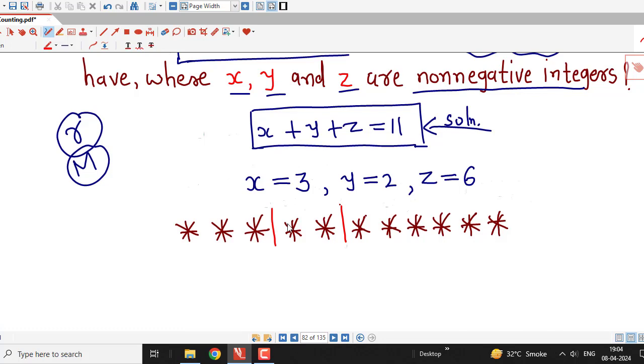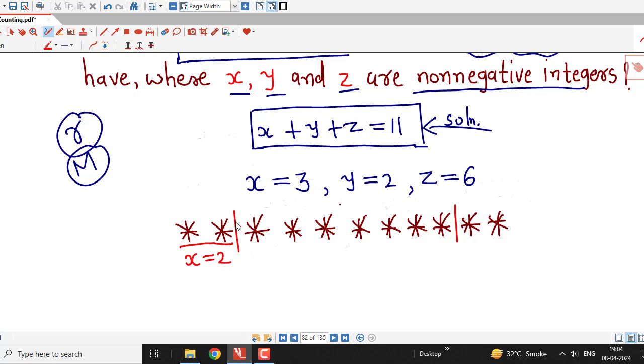Now if you observe, suppose I change the position of the dividers. Instead of putting the divider at this place, suppose I put one divider here and another divider here. Then up to this I have 2 stars, so I consider x equal to 2.